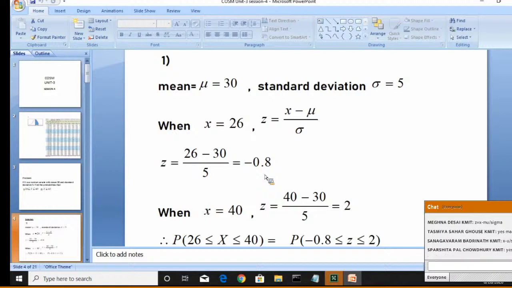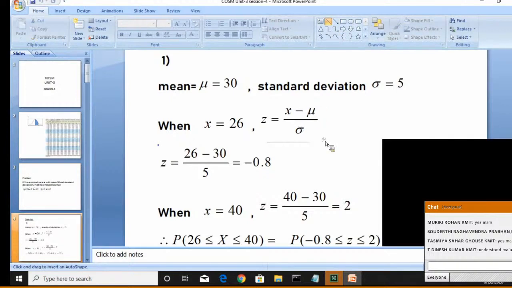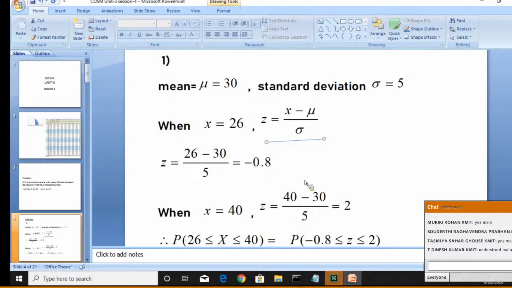Whether you could understand how it is changed compared to the previous problem. Again I am repeating, last day we saw standard normal variate. Today we are seeing normal variate and we are converting it into standard normal variate. For that the substitution is this. When I substitute x is equal to 26, it is changing to minus 0.8.